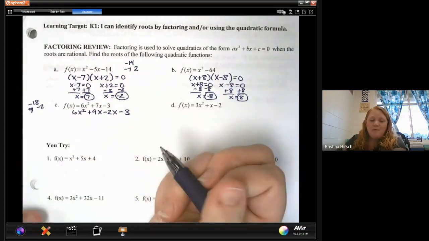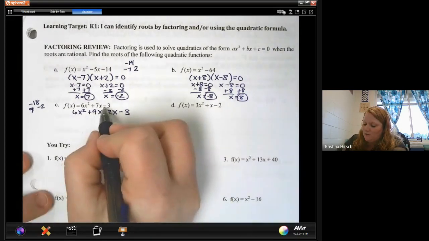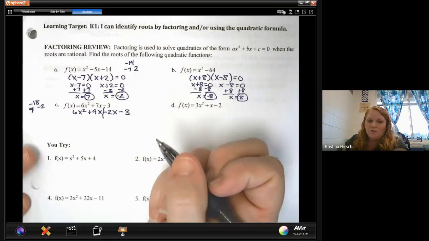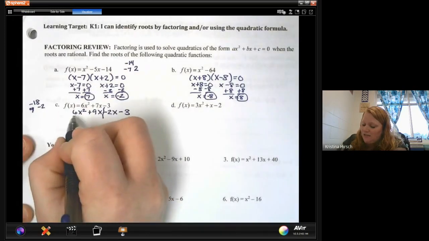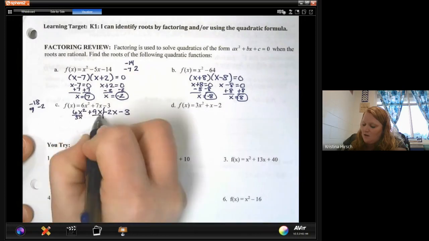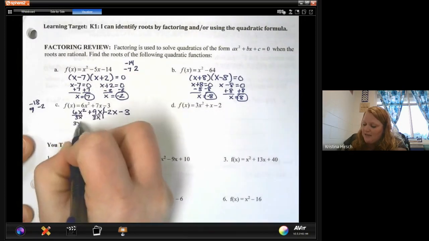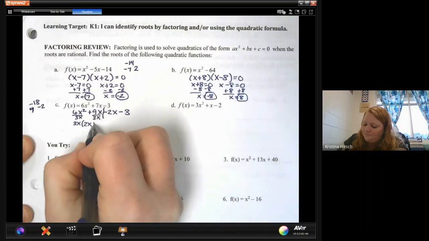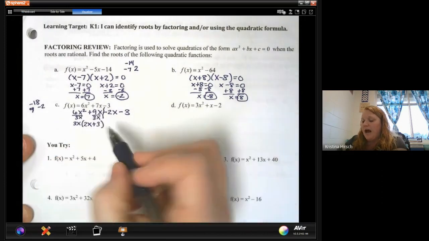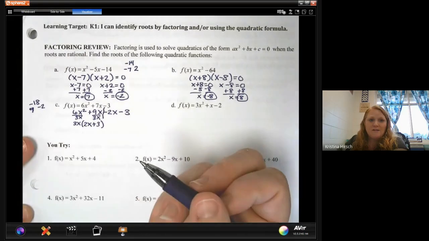All right, so this is the type of problem where we have to do grouping. So we're going to split it down the middle and do a GCF on the left and a GCF on the right. So on the left, our GCF is 3x. So that gives me 3x times 2x plus 3. And then on the right side, there's not really a GCF, but we have to factor out something.